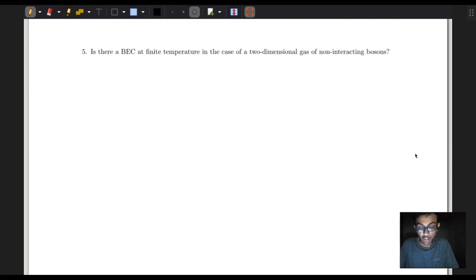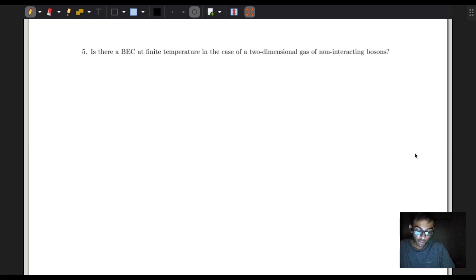Like in the lectures, you would have seen that for a three-dimensional Bose gas, there is a phase transition at a finite temperature. If you consider non-interacting bosons in 3 dimensions, at some non-zero temperature Tc, you have a phase transition into what is called a Bose-Einstein condensate.